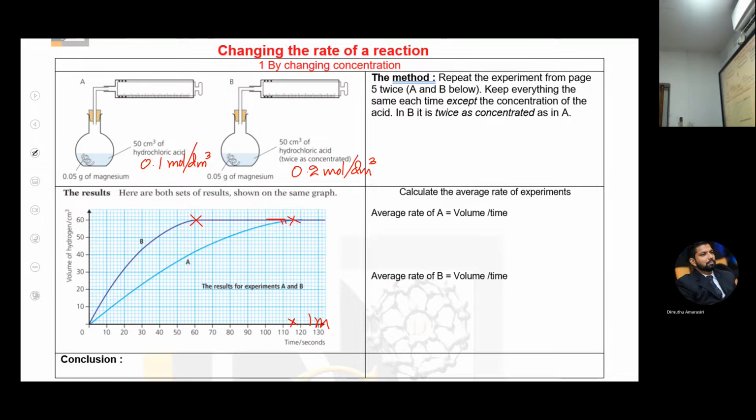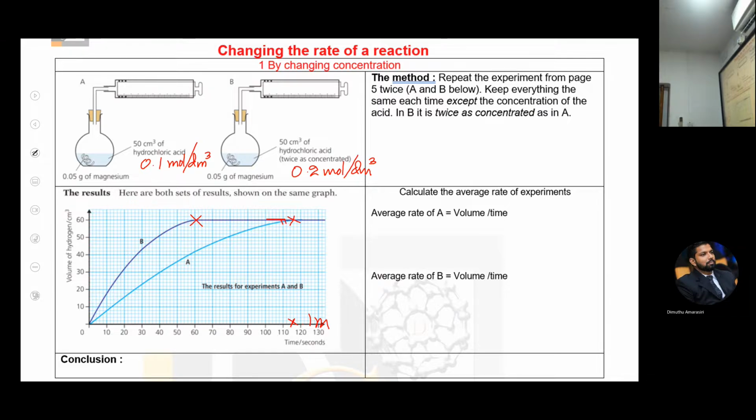Okay, do the activity. What is the activity to do now? You can see: calculate the average rate of the experiment, and from the calculations you have done, you can find the rate equation. Change divided by time.